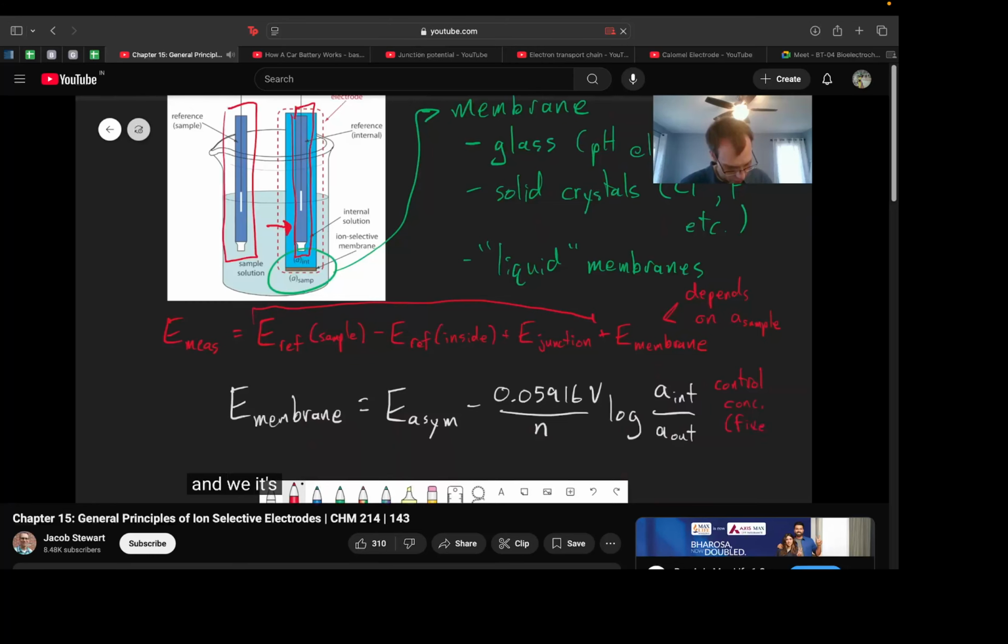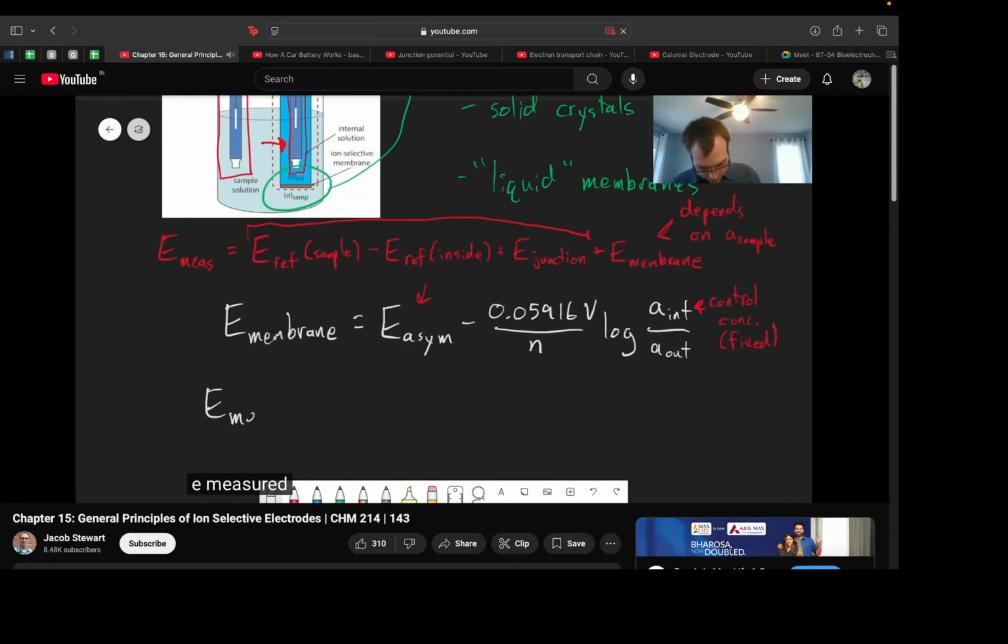And it's fixed, so this is going to be a constant. This E asymmetric, ideally, is zero. Basically, when the internal and external activities are equal, there should be no potential across the membrane. In practice, that's not the case. There's usually some asymmetry here, but that's a fixed value. That's just a number.